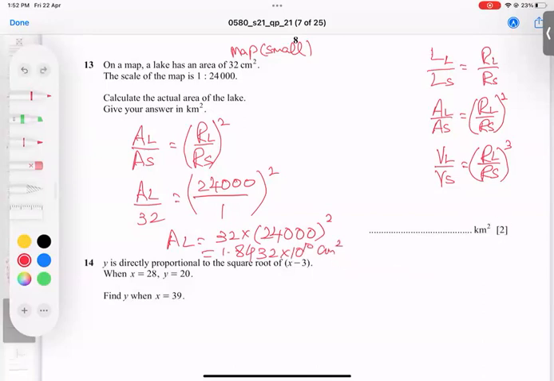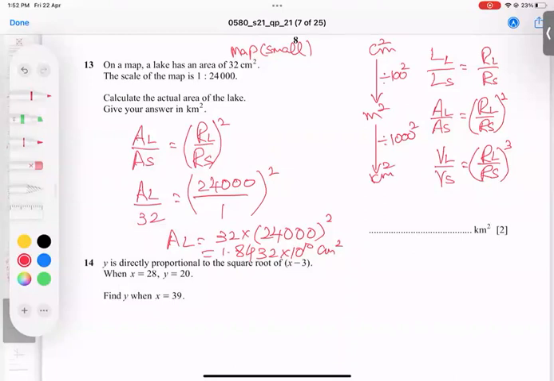Very interesting part. When I want to convert centimeter to meter, sorry, not kilometer, to meter, and then convert to kilometer, what to do? Divide by 100 and then divide by 1,000. But if I'm doing area, it means square, so I put 100 square and 1,000 square. If volume, then cube. I think you got the idea.